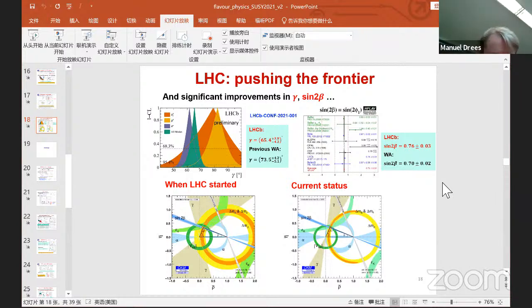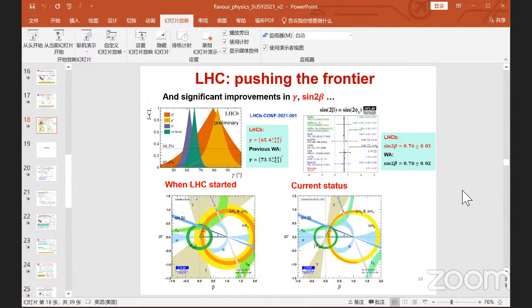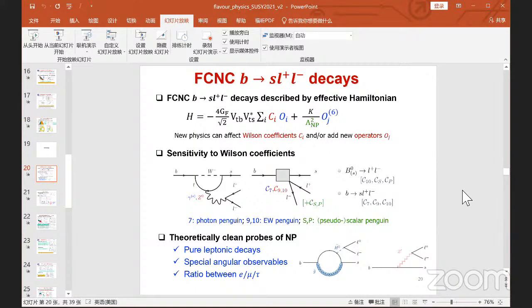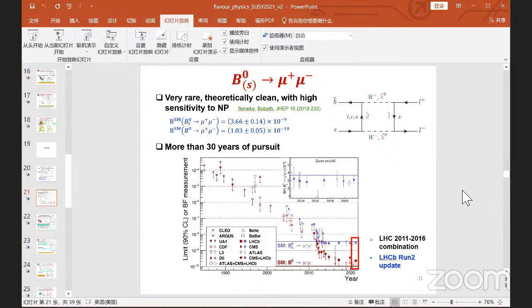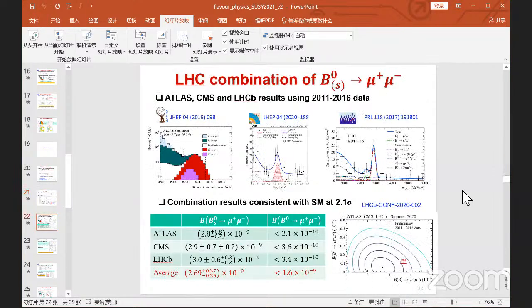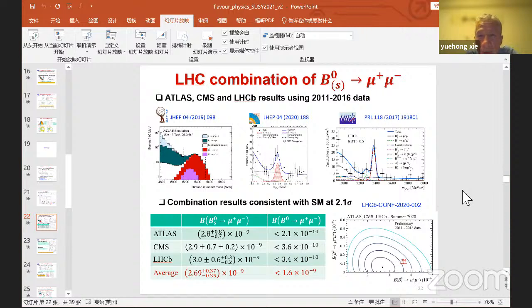Okay, thank you. Now for the last quick question, please. For B to s l plus l minus, will it ever be possible to get inclusive results? And if not, why not? So you have B to X mu mu, you mean, where X includes everything?